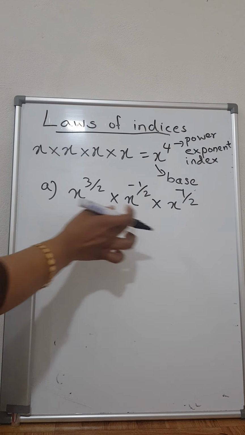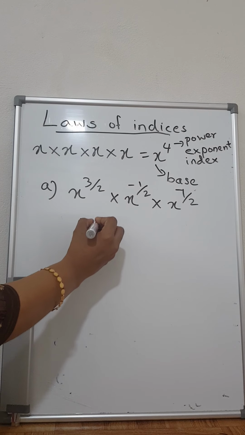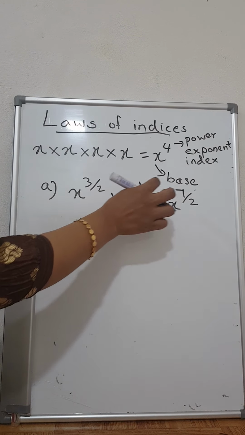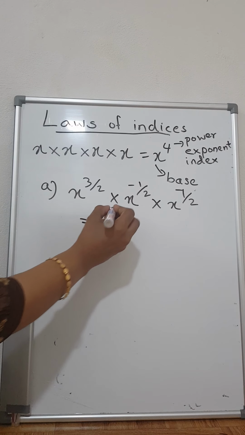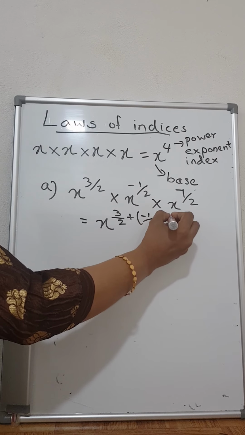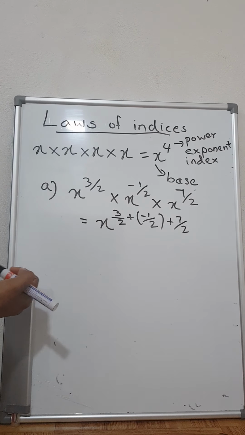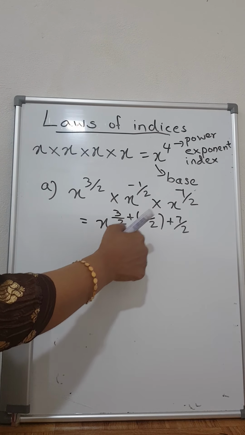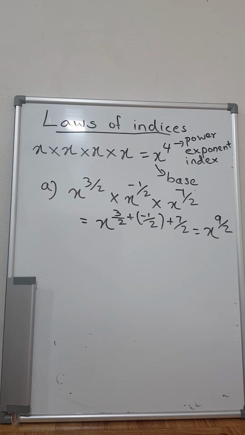We'll retain the base because all the bases are the same. So we'll just retain the base and add the powers. So 3 by 2 plus minus 1 by 2 plus 7 by 2. So how much is it? 10 by 2 minus 1 by 2. x to the power 9 by 2. Easy, right?